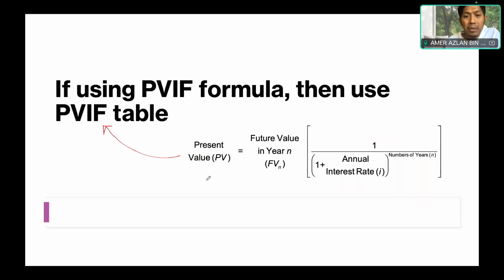We know the present value is 10,000 and the future value is 200,000, and we know the interest rate is 15%. So same procedure, you divide 10,000 by 200,000, you will get 0.05.